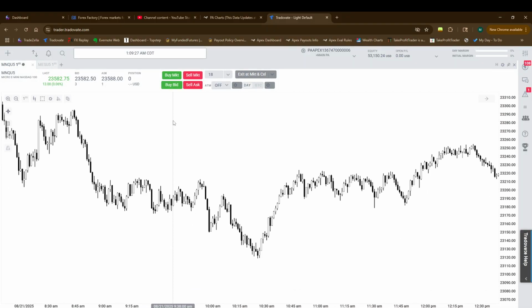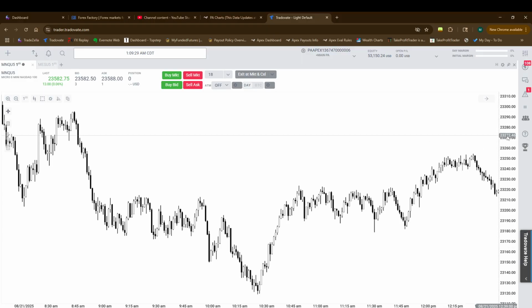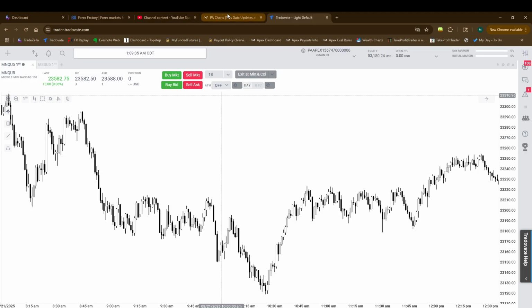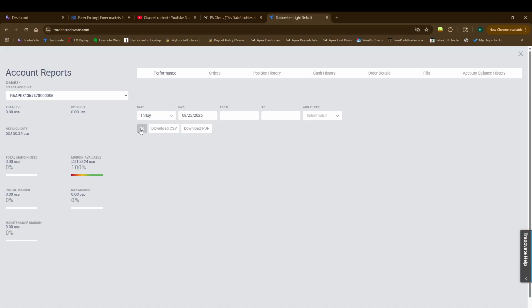I don't know where to go to show settings. Regardless, it is what it is. We'll just go ahead and hop over to TradingView and just review it there.